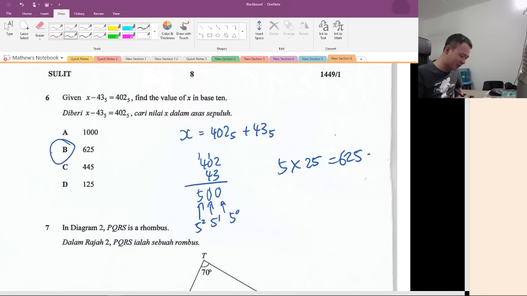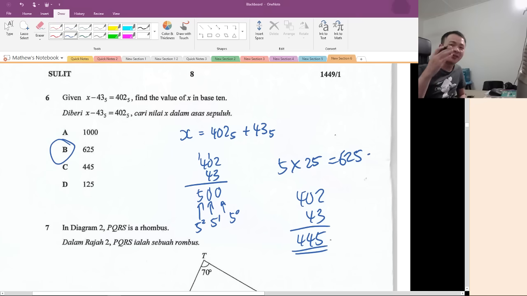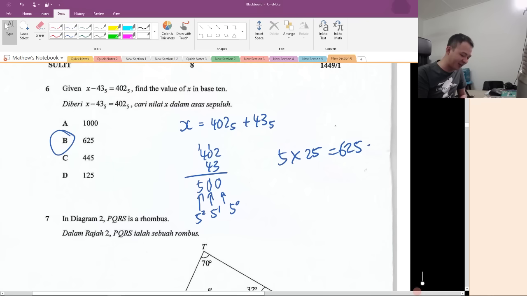Because some students might not know why I get 500, since it seems like 402 plus 43 is 445. But the problem is, when this is base 5, you cannot see the number 5 here. Let's say for base 5, this is what happens: you have 1, 2, 3, 4, then instead of 5 we get 10.